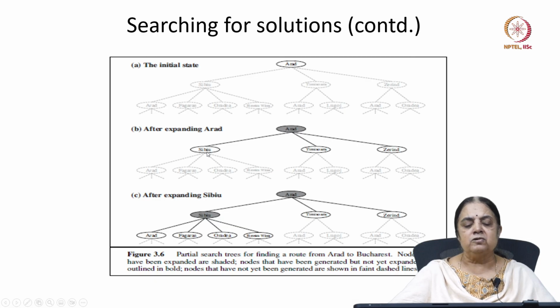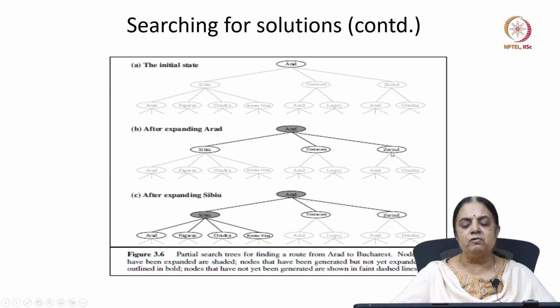If you can see, this is shaded, which means that this is an expanded node. Once a node is expanded, you are not going to go back to that node.